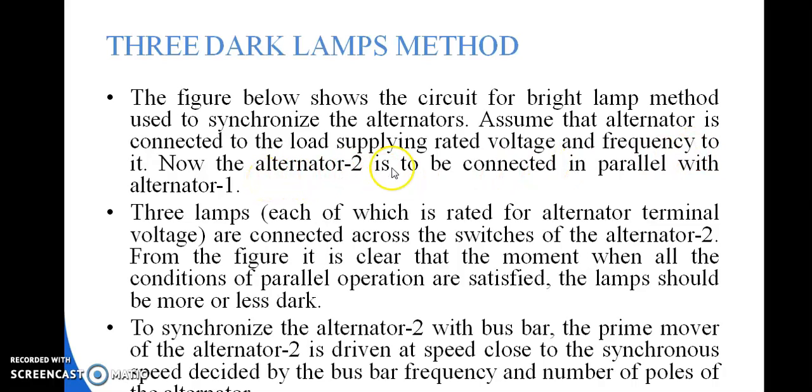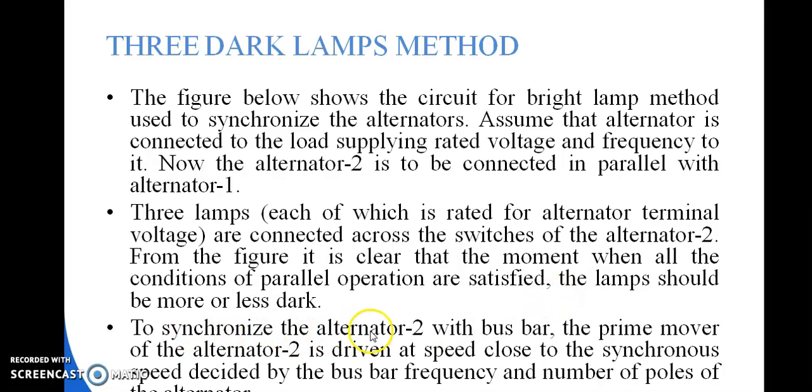Now the alternator 2 is to be connected in parallel with alternator 1, the previous alternator. 3 lamps, each of which is rated for alternator terminal voltage, are connected across the switches of alternator 2. From the figure, it is clear that the moment when all the conditions of parallel operation are satisfied, the lamps should be more or less dark.